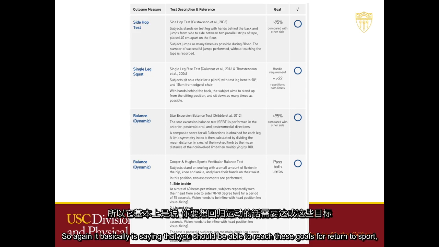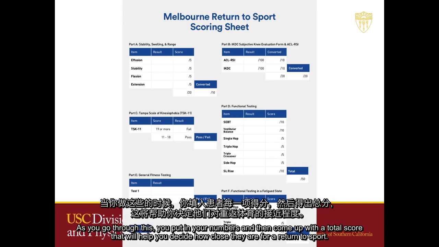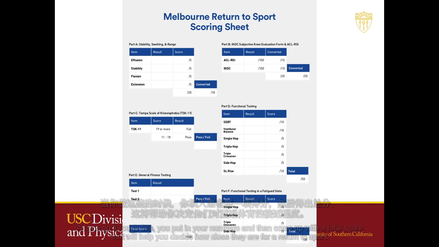So again, it basically is saying that you should be able to reach these goals for return to sport. And they give you this nice scoring sheet here that you can use as you go through this, put in your numbers and then come up with a total score that will help you decide how close they are for return to sport.